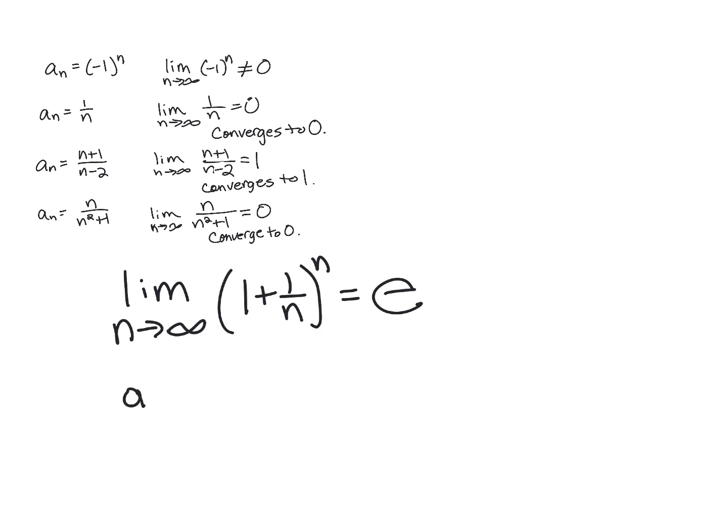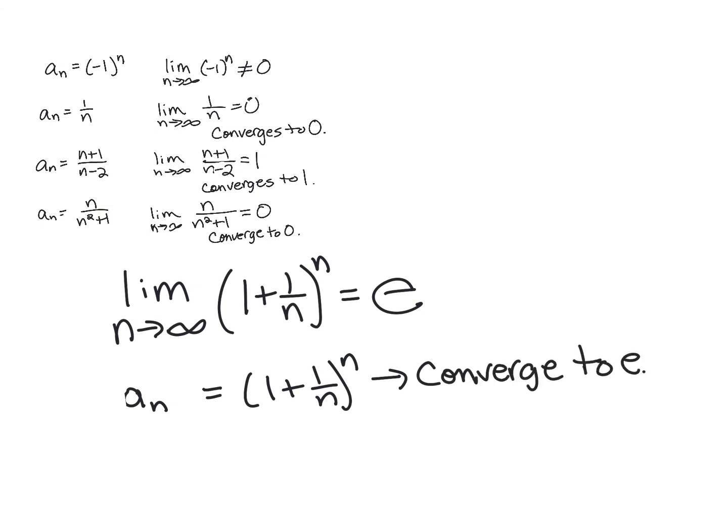So if you have a sub n equals this thing, I'm sorry, I'm copying my notes and I just realized my notation is wrong in my notes. If you have a sub n equals this thing, then this thing is going to converge to e. Cool beans, I know.